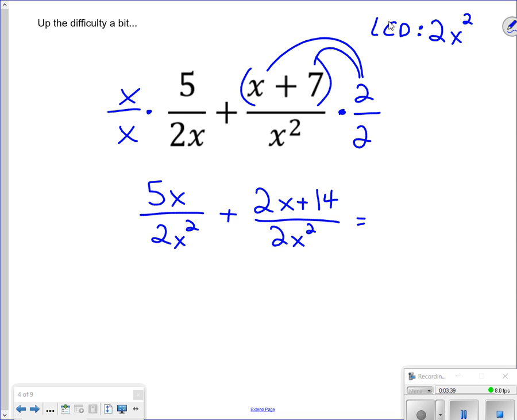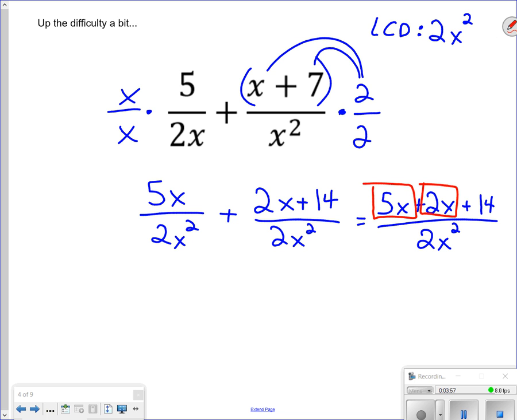So when I add those together, I see that 5x and 2x can combine, and that 14 is left on its own. So 7x plus 14 over 2x squared.